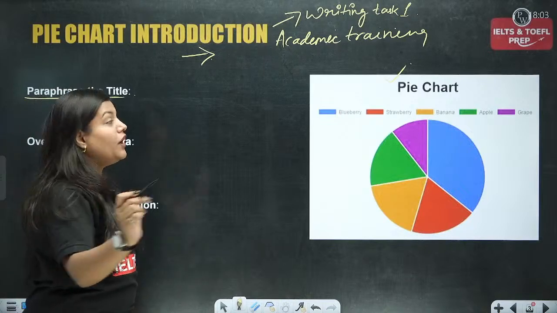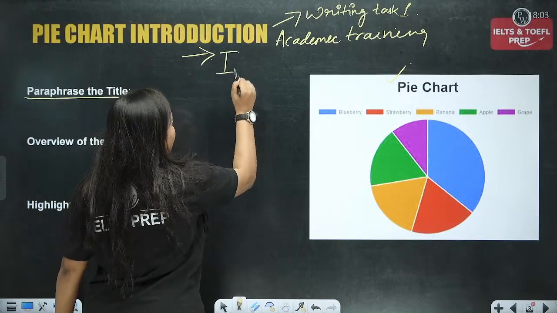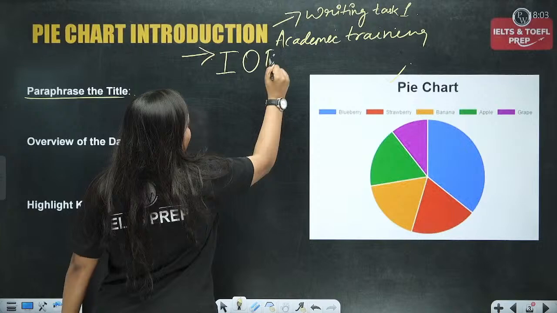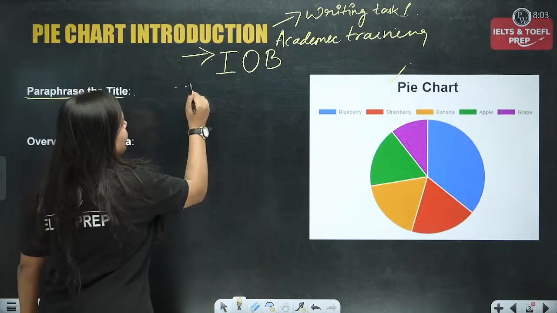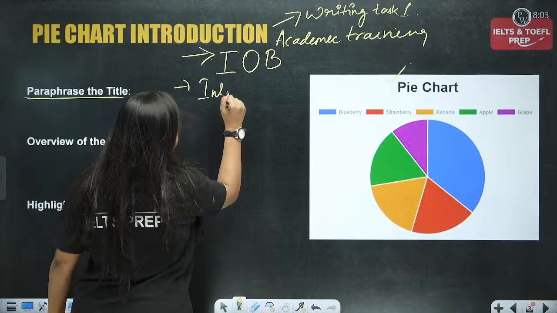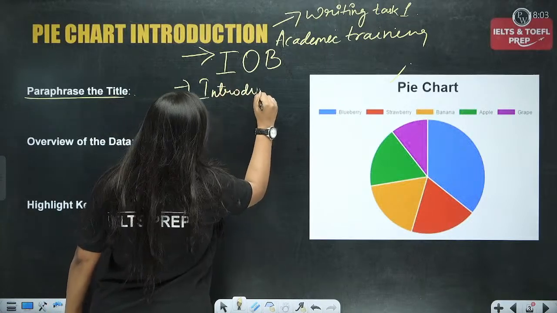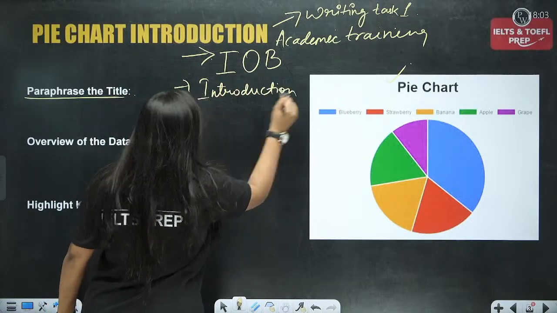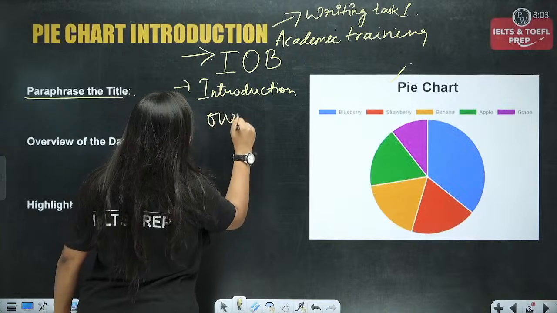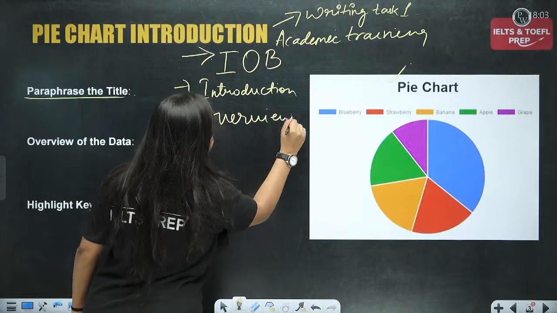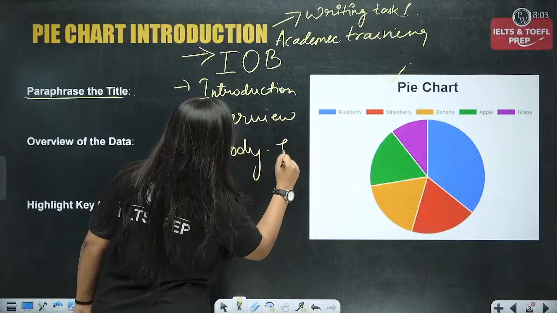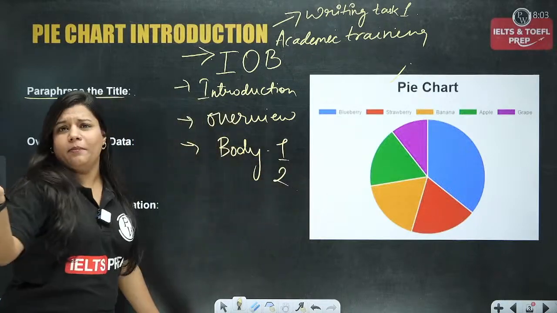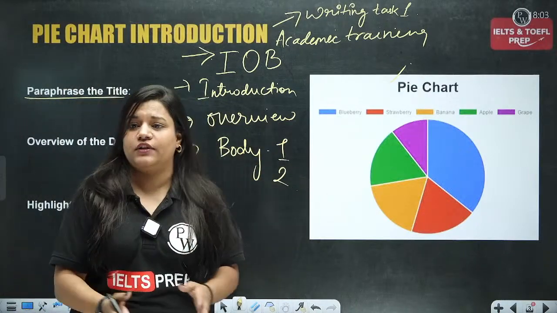It is going to be the IOB format. I have already told you what the IOB format is. It is the intro, which is the introduction. After that, it is the overview. And then we come up with body 1 or 2, which totally depends on how much your question demands.